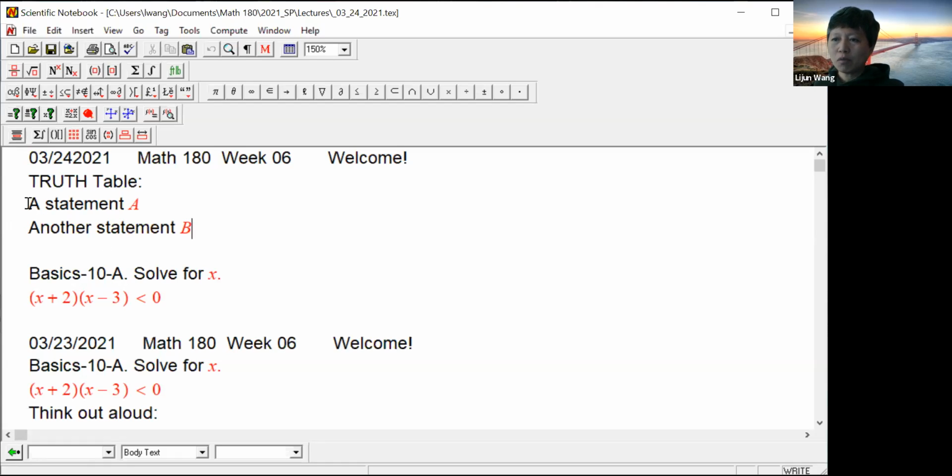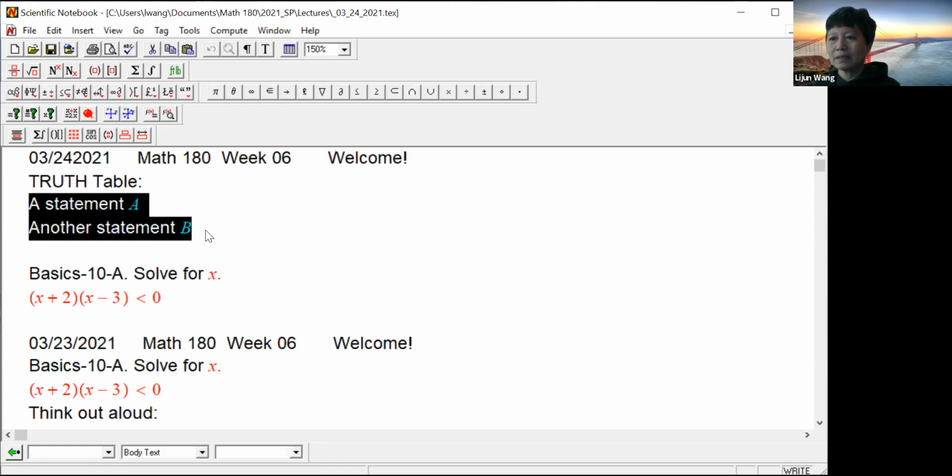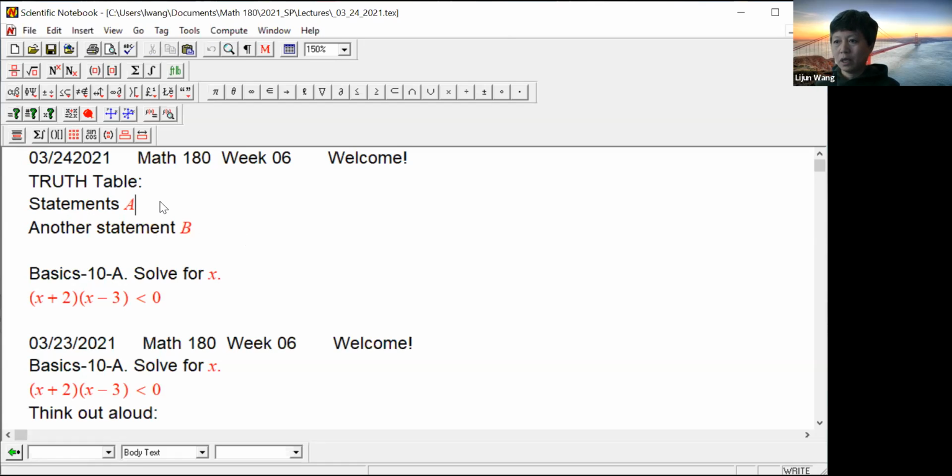So we have one statement and we have another statement. To make it condensed, we just call them statements, A or B. We have two statements. Now, A and B is a statement.